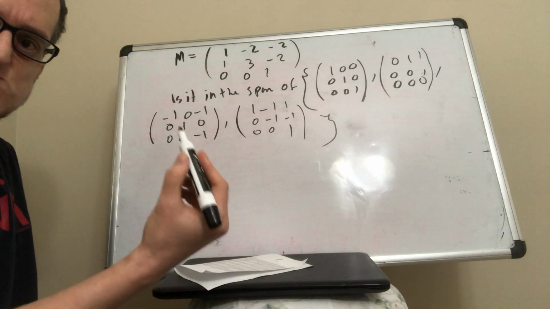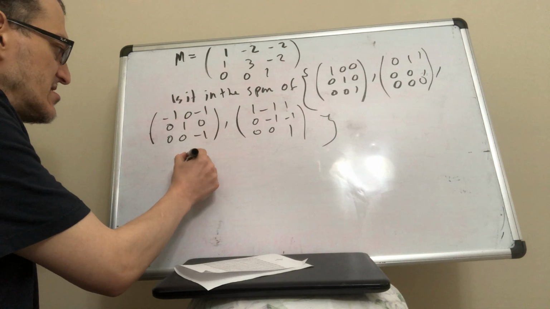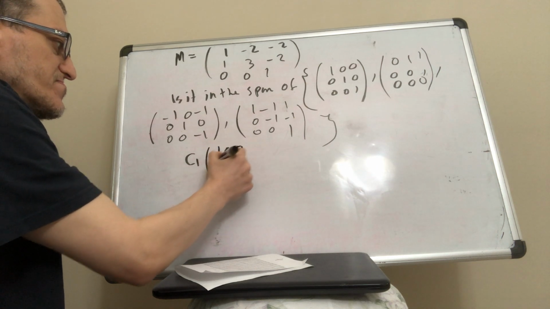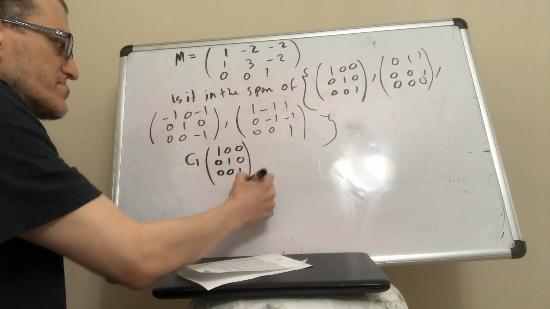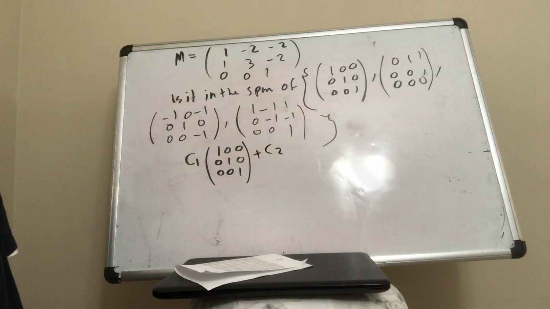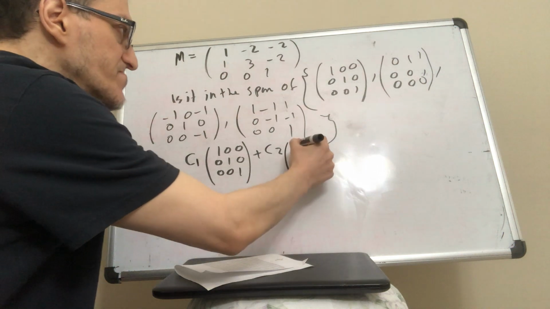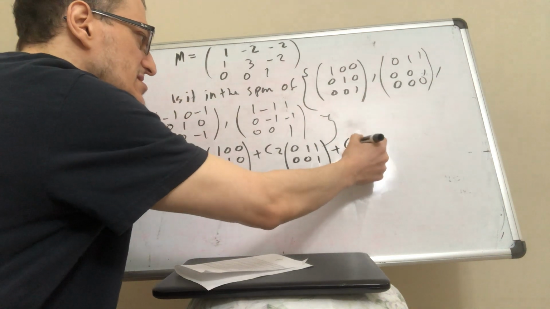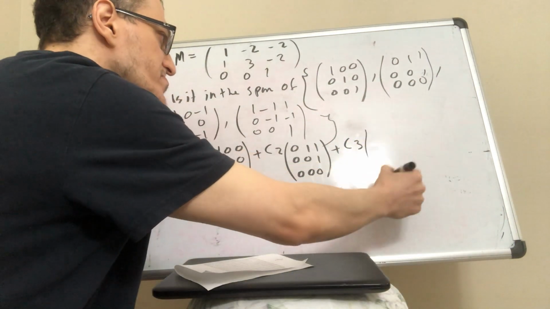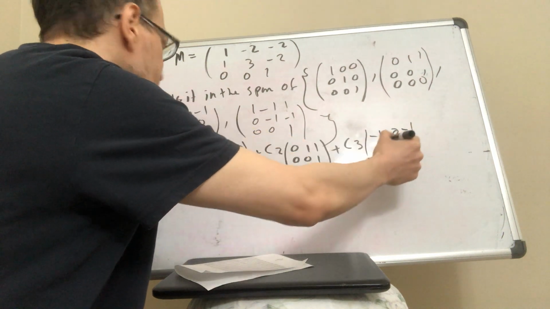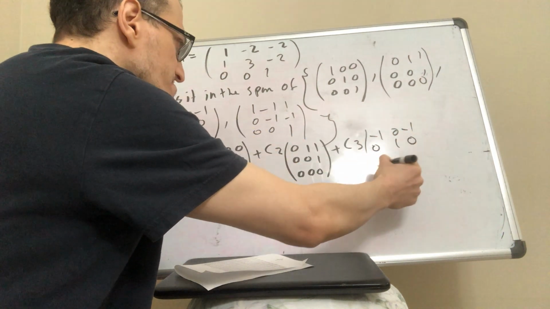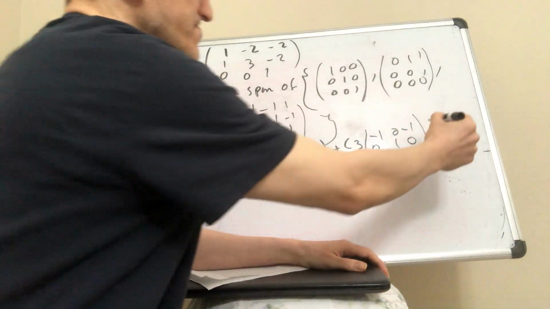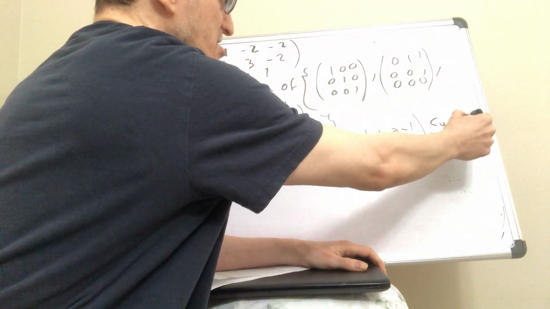So what we do, and watch carefully, we say, well, there could be a constant, C1, times this, plus another constant times the second one, plus another constant times the third one, plus another constant times the last one.